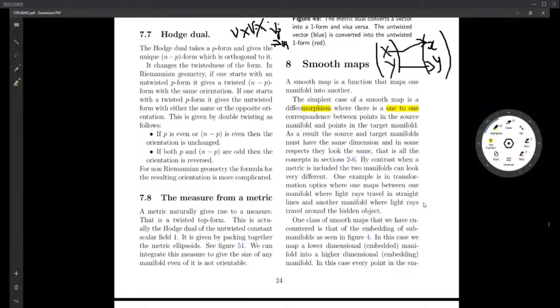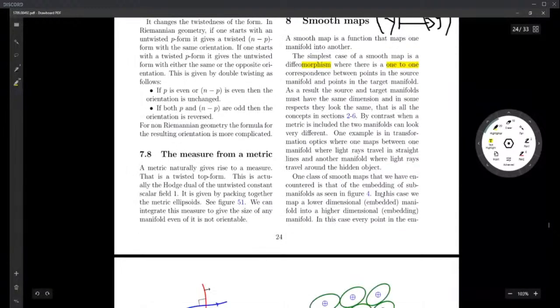We've actually encountered smooth maps before, precisely in the embedding of submanifolds. In this case, we're basically mapping each point in a lower manifold into an embedding manifold. So I'm going to map from here to here.